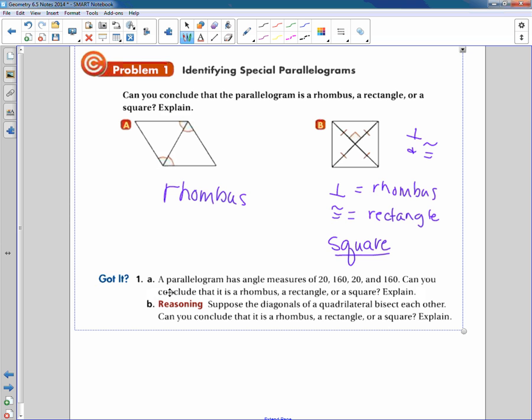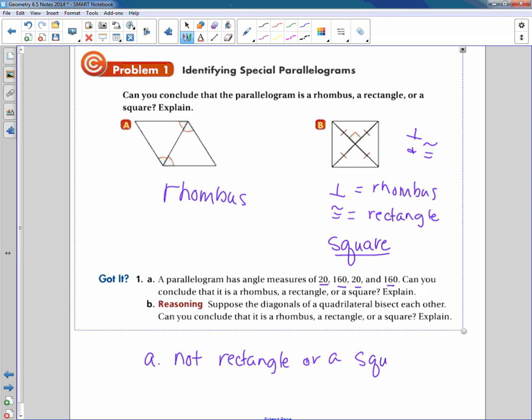All right, now we have the got it. The got it reads that you have a parallelogram that has angle measures 20, 160, 20, and 160. Can you conclude that it's a rhombus, a rectangle, or a square? Okay, what can we conclude? What is it not? It's not a rectangle or a square.